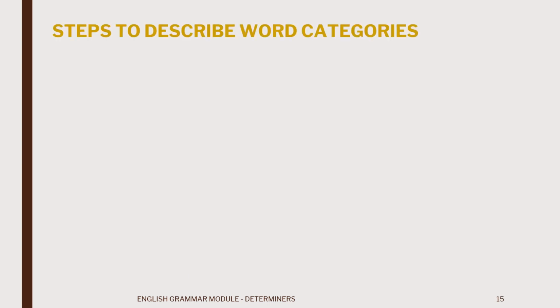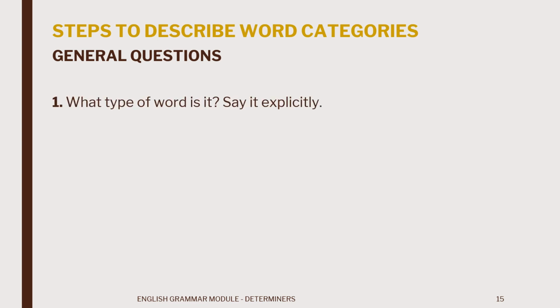In previous lessons, we gave you some steps to describe word categories. And these steps take the form of general questions that you can use to describe a specific word and the syntactic context in which this word appears. So the first question is, well, what type of word is it?